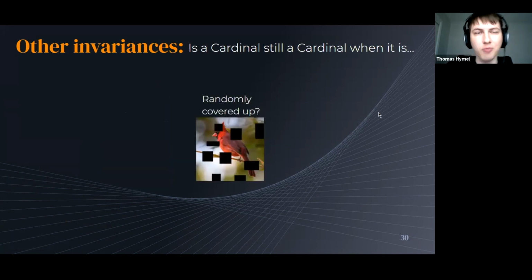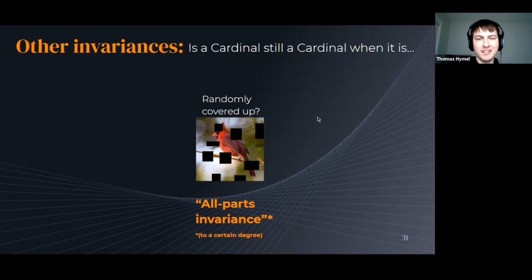What about when it's randomly covered up in this example? Is a cardinal still a cardinal when it is randomly covered up? All right, we're getting some no's, but mostly yeses. So again, to a certain degree, I'd say yes, a cardinal is still a cardinal when it's randomly covered up.